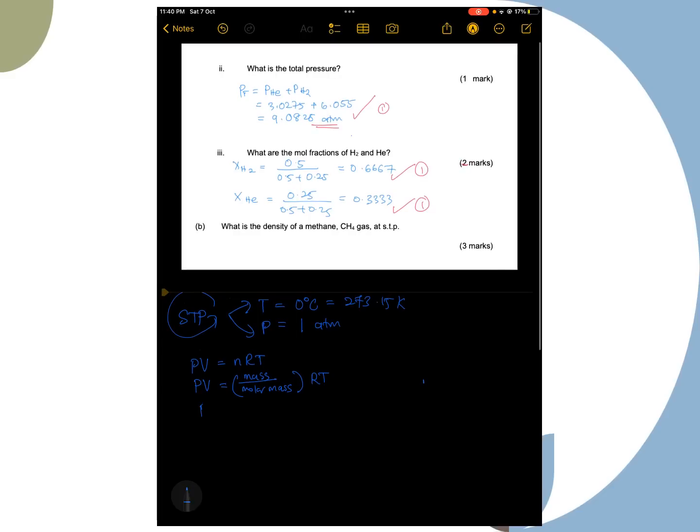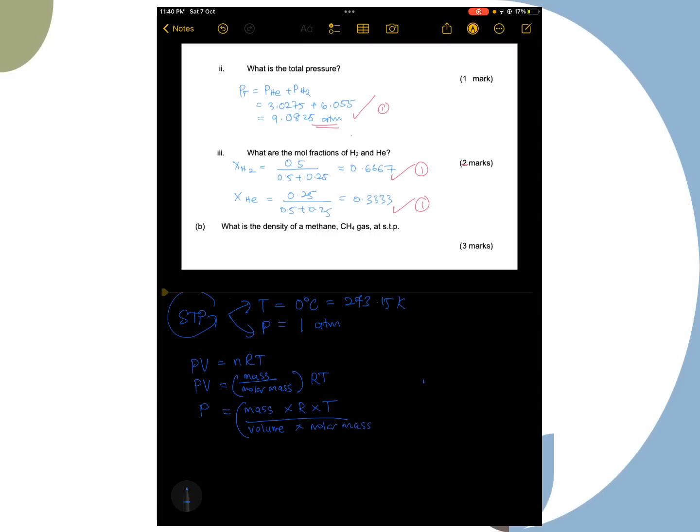So P is equal to mass times R times T, divided by volume times molar mass.